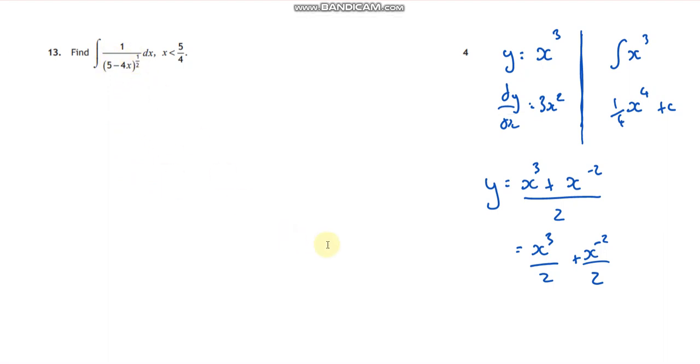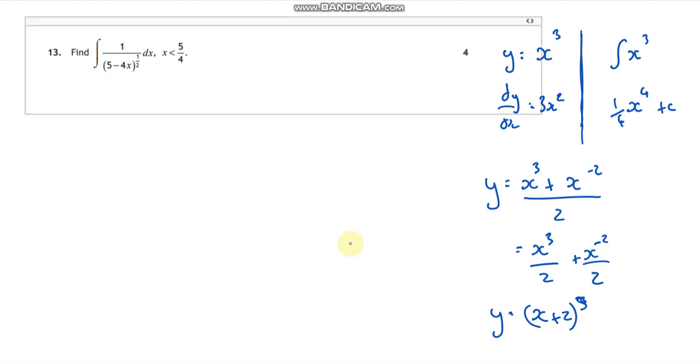Usually it's a very big power, or it's a fractional power. Because if someone said integrate y is equal to x plus 2 squared, I could just multiply that out and then integrate or differentiate it. That's quite easy. But if it's x plus 2 to the power of 5, that would take me a bit of time. So why bother?